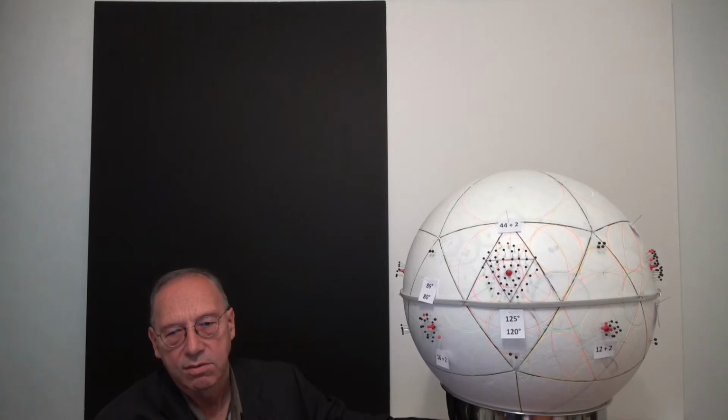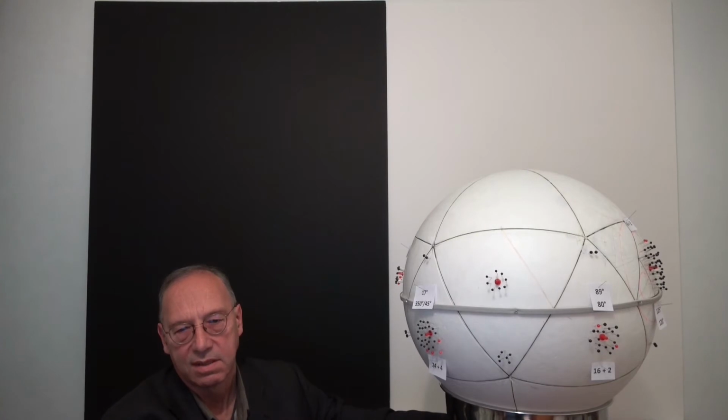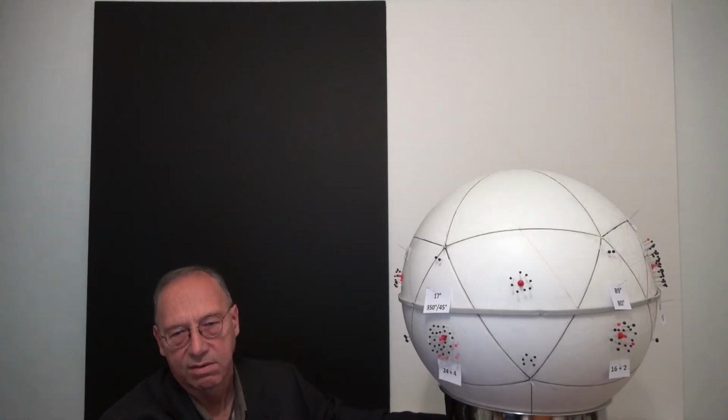We turn now to the next phase, in which these longitudes are respectively 89 degrees and 80 degrees. The next phase corresponds to no active longitude.